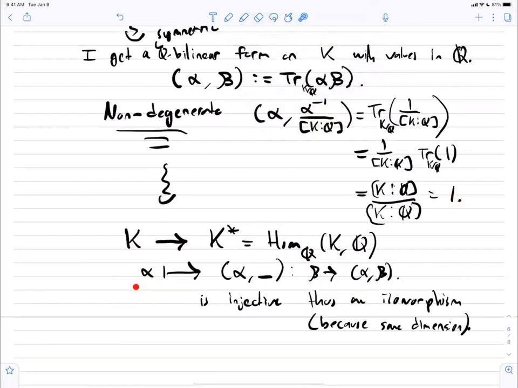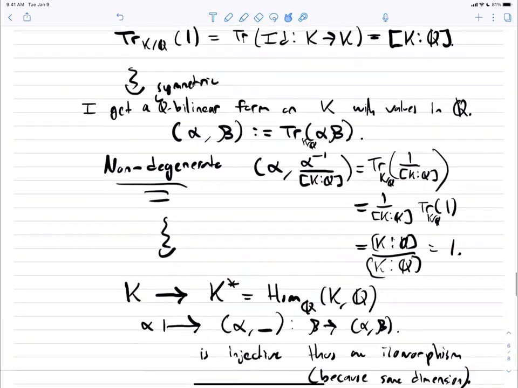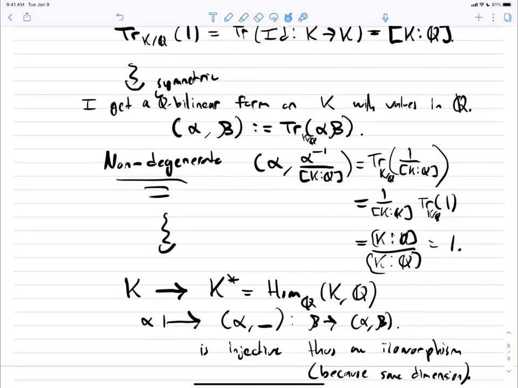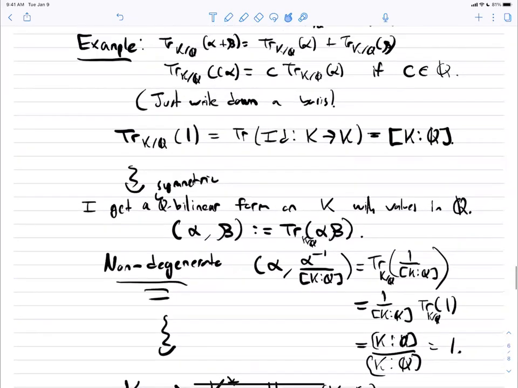So that means this is injective. But it's an injective linear transformation from K to K dual, and if these are vector spaces with the same dimension, it's an isomorphism of vector spaces. Okay, so this is how this non-degeneracy will get used in a moment. Okay, so that's where we're at.